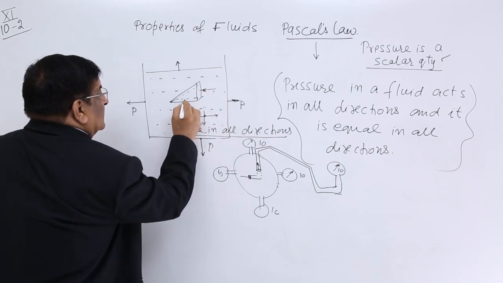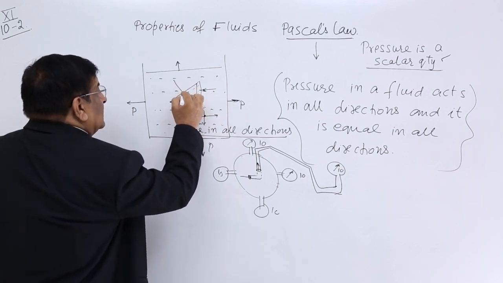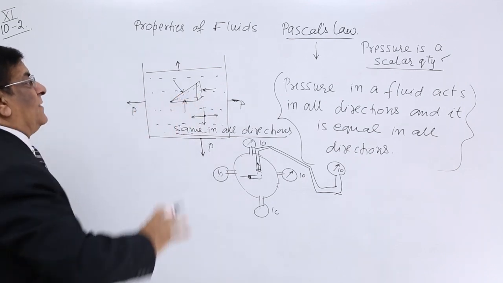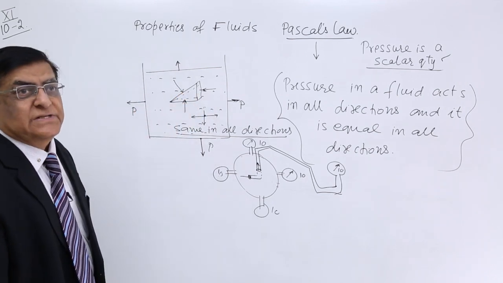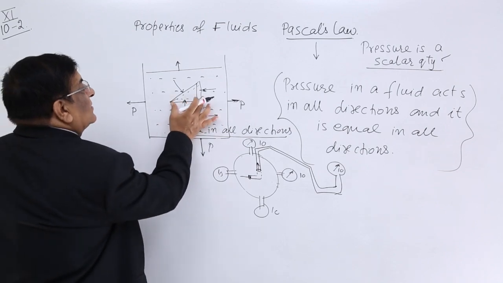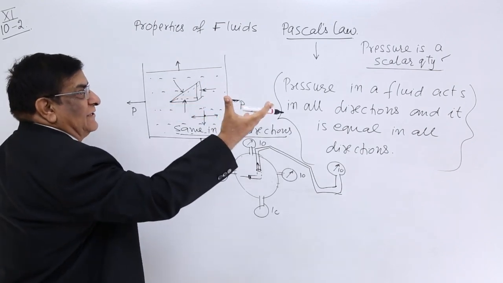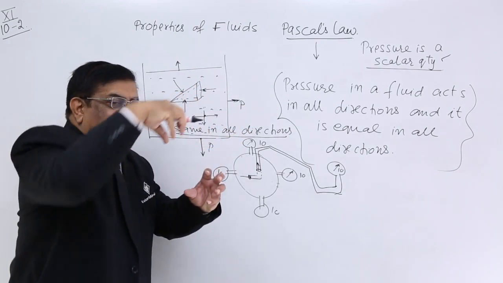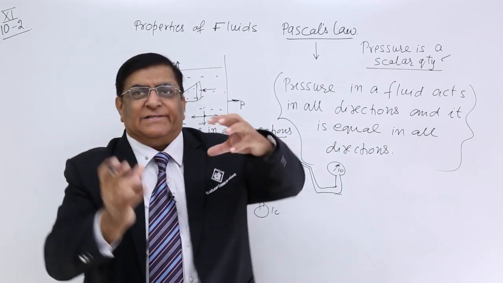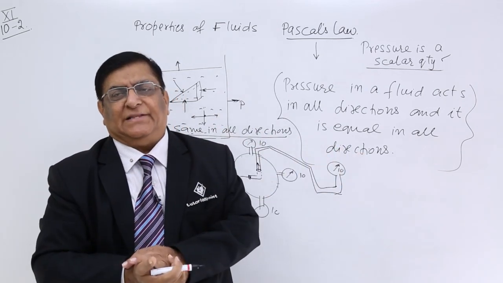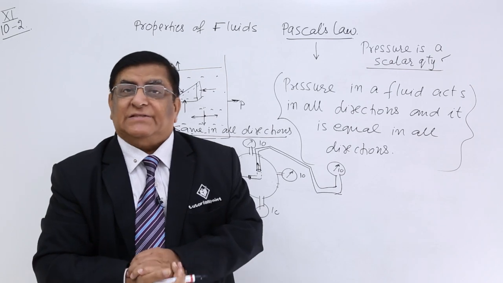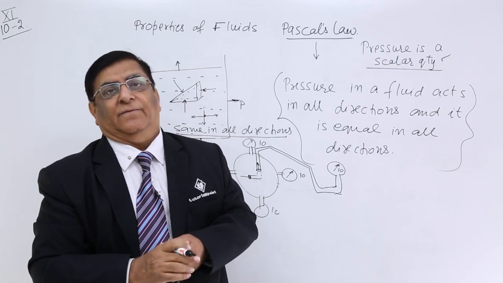On this surface, this is the pressure. On this surface, this is the pressure. And all the pressures are equal. The proof is that this solid does not move in any direction. So pressure from all the directions is equal. They balance each other. The solid remains there as it is. So that is the proof that pressures are equal.